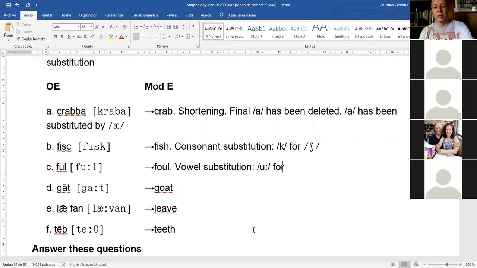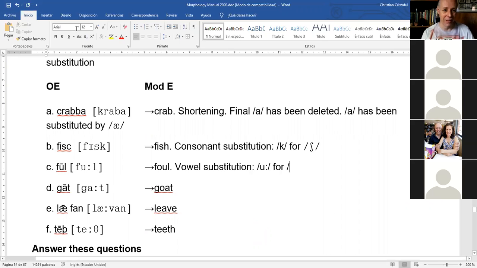For what? The diphthong, ow. For ow, for the diphthong, ow. Not for a letter, for the diphthong ow. Don't think in terms of letters. Very good.